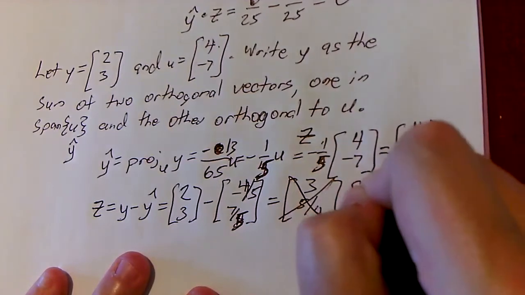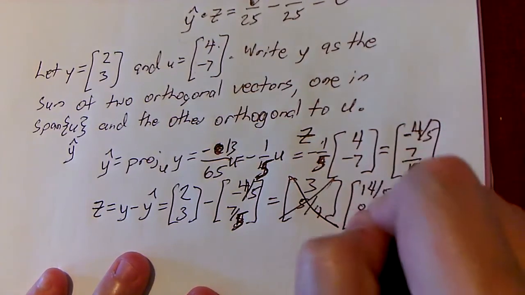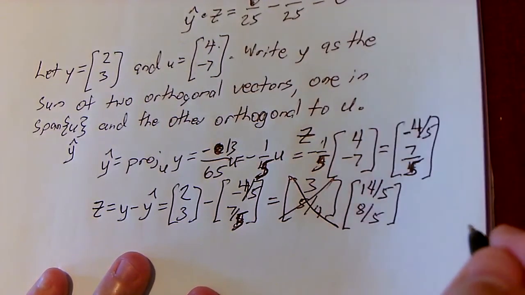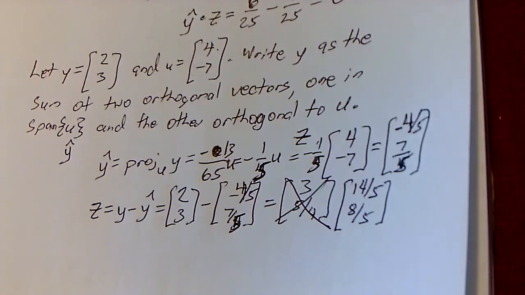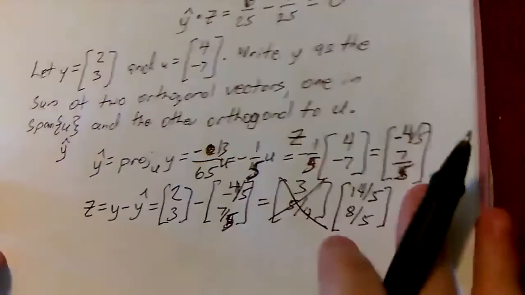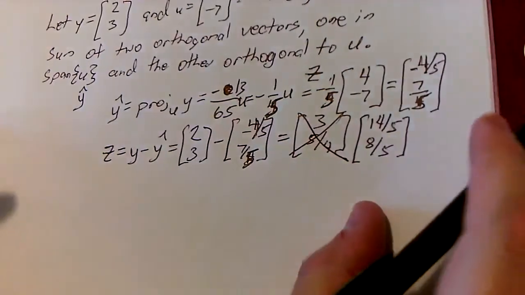So that's going to be 14/5. And then my second one, 3 minus 7/5, that's 8/5. Okay. So that's negative 56/5 plus 56/5. So those we see are orthogonal to one another as well.